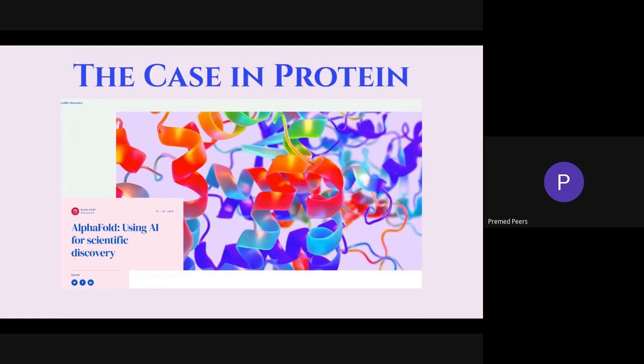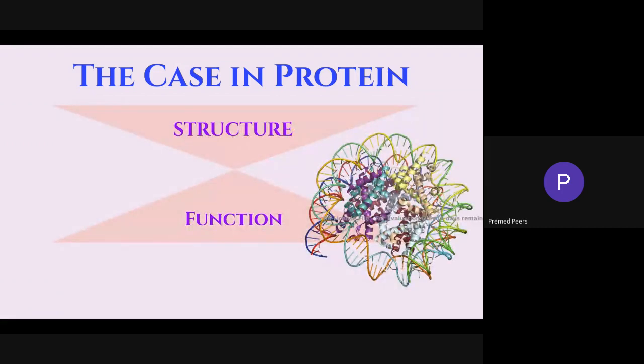What AlphaFold does is use artificial intelligence to simulate: given a primary sequence of the amino acid itself, can the program predict the 3D structure, so how specifically it's going to be folded into a 3D shape from its primary structure, which is the amino acid sequence.